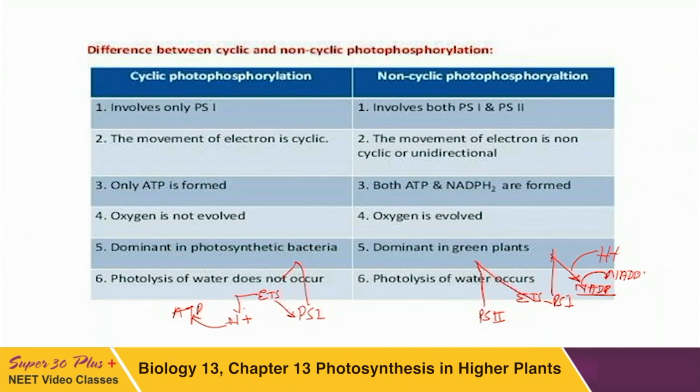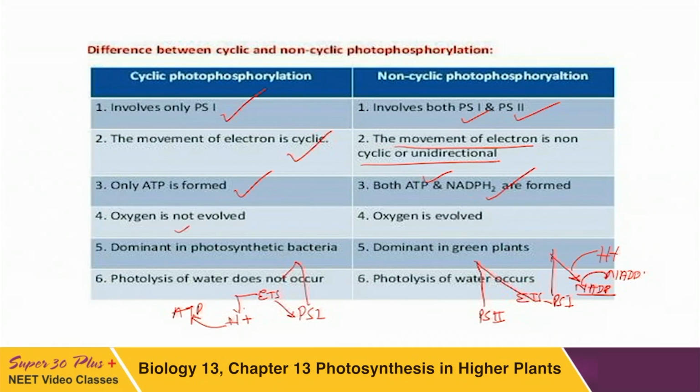Now it's easy to differentiate. Cyclic photophosphorylation, only photosystem 1 is involved. Non-cyclic involves both PS1 and PS2. Movement of electron here is cyclic, will be returned to the original site. Here the movement of electron is non-cyclic, it is unidirectional, will not be back to the same site. Only ATP is generated here. In this case, both ATP and NADPH will be formed.